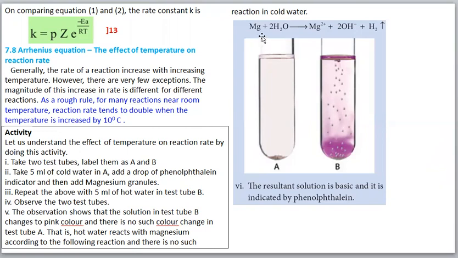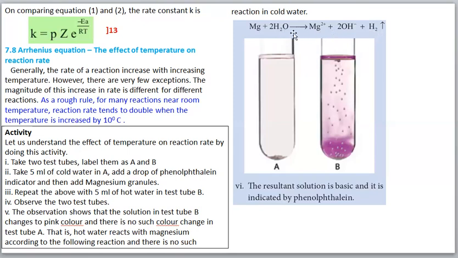What is the reason? Because the magnesium reacts with water to form magnesium ion and OH minus ion plus H2 gas. That means magnesium loses 2 electrons to form Mg2 plus. Water splits into H and OH. From 2 water molecules, the 2 hydrogens combine to form H2.